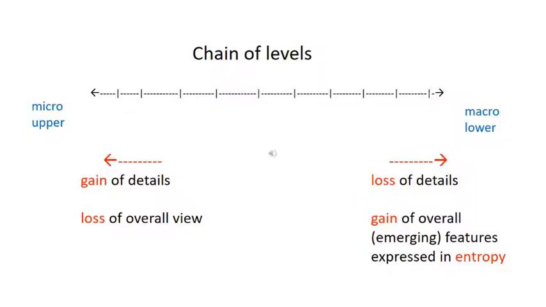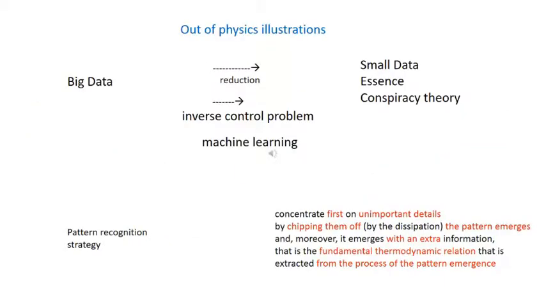So far, I have been taking examples only from physics, but there are, of course, levels of description. Different descriptions with different amounts of details, autonomous descriptions.